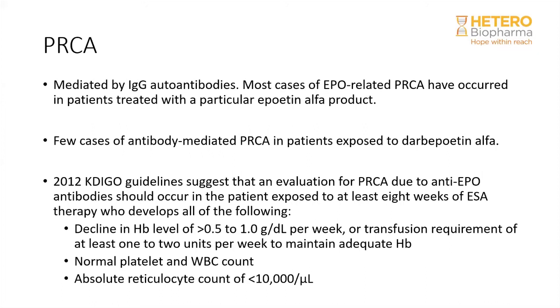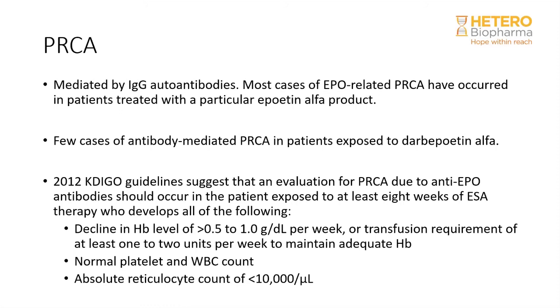KDIGO guidelines suggest that an evaluation for pure red cell aplasia due to anti-erythropoietin antibody should occur in a patient who, in spite of being on at least 8 weeks of EPO therapy, drops his hemoglobin, by as much as 1 gram every week. He's requiring at least 2 blood transfusions every week.